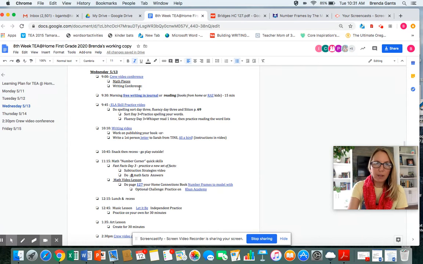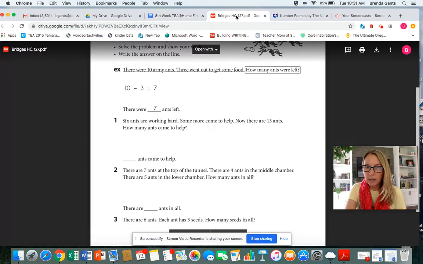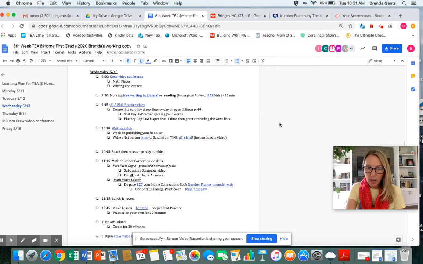Okay, so here I am on today, Wednesday, 5/13, and I opened up this home connections page by going like that, and I have it open right here. It looks like this, and it's got some ants at the top. And then I went to this tool right here. It says number frames to model with.